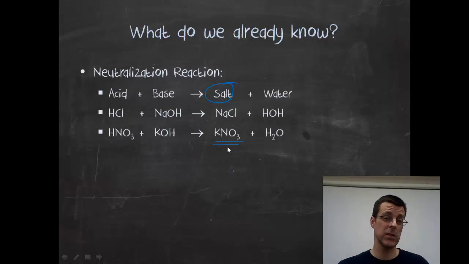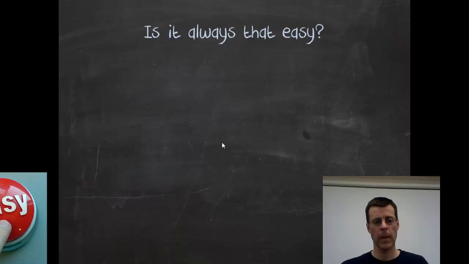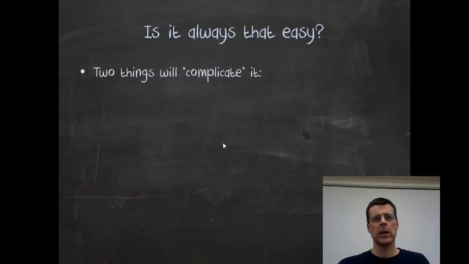And by extension, you could say the word salt for any ionic compound. So in an acid-base reaction, we get water, which is molecular, with covalent bonds, and we get an ionic compound, and we call the ionic compound the salt. That was easy. It's almost always that easy.